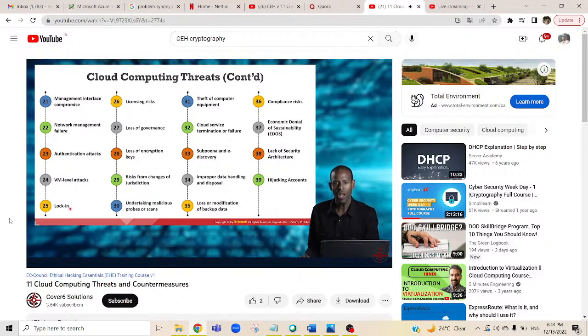Lock-in. Lock-in is when you are using a CSP, a cloud service provider, and let's say that you have your entire organizational architecture, everything, all your servers, all your workstations, all your services, like for instance, web services, your databases, your identity services, everything is in the cloud and it's actually going pretty well.